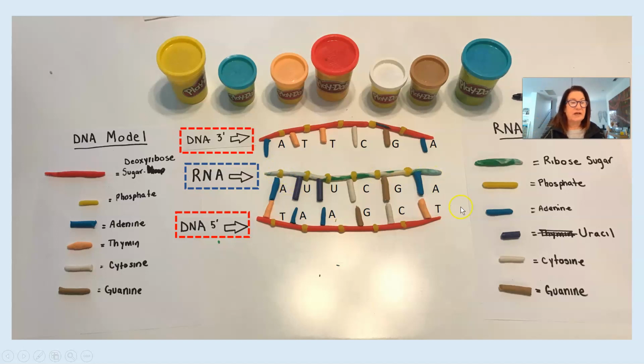The ribose sugar is a mixture of this green and white here, so it's different from this, which is deoxy. This is ribose sugar, and I have my phosphate still. That's the same.